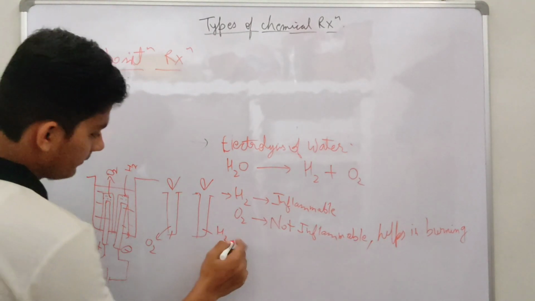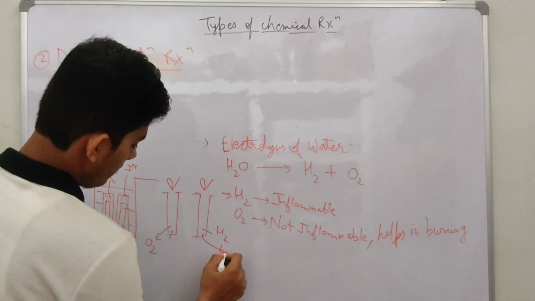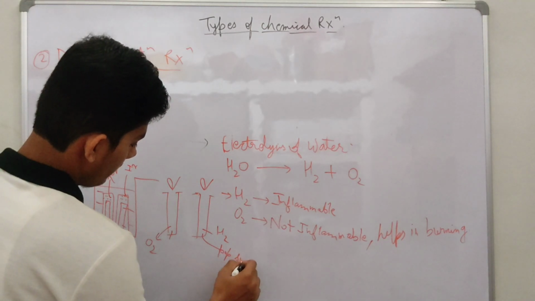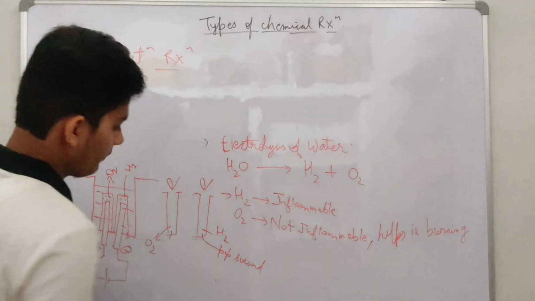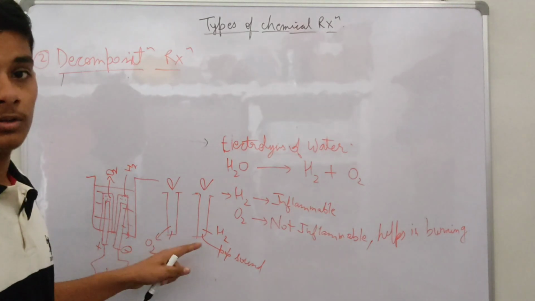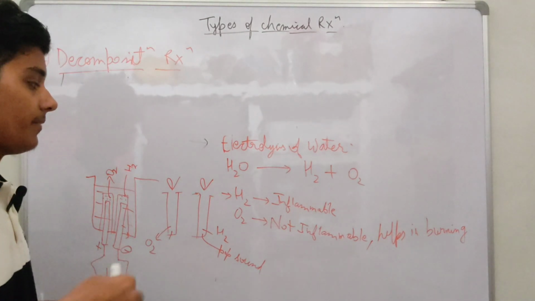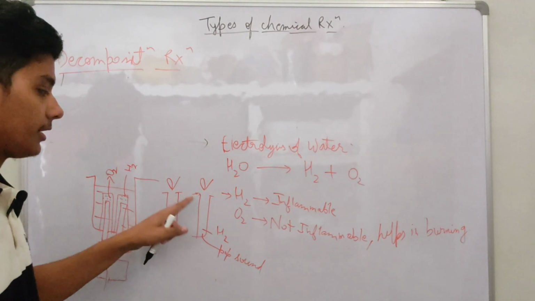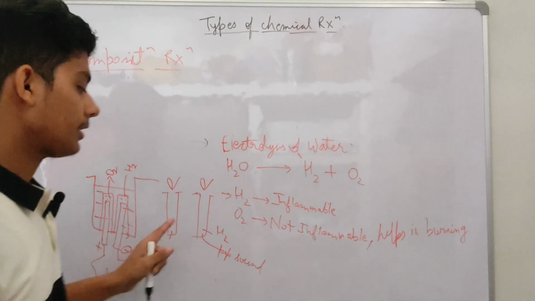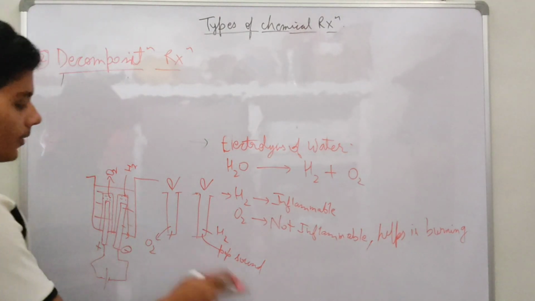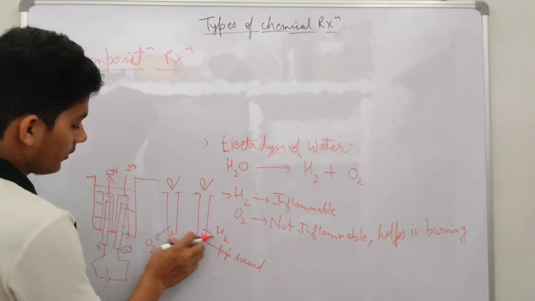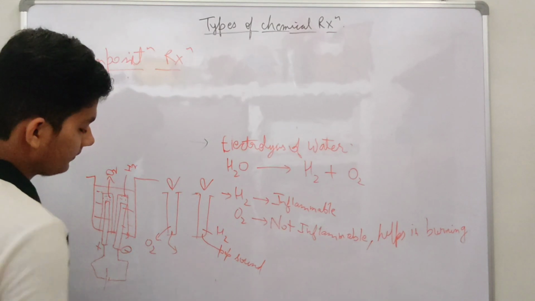We will see the pop sound on letting the burning matchstick near the mouth of the test tube containing hydrogen. तो यहाँ पर पॉप साउंड हुआ, और जिस टेस्ट ट्यूब में ऑक्सीजन है वहाँ क्या हुआ?